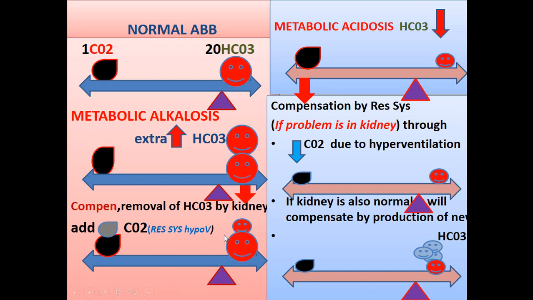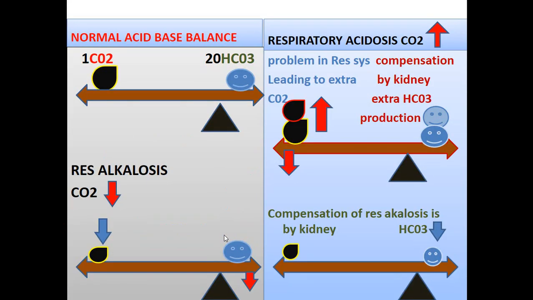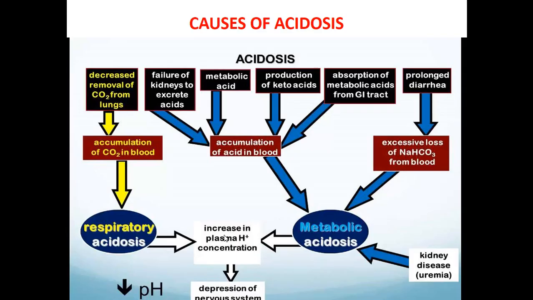Now if you concentrate on this diagram, you can very easily learn. Although the causes are different and they are present in the book, the difficult thing, how they are going to be compensated, is explained in front of you. What are the causes of acidosis?